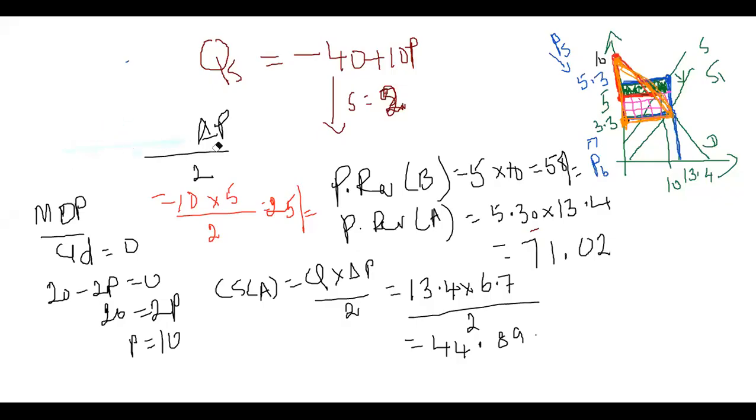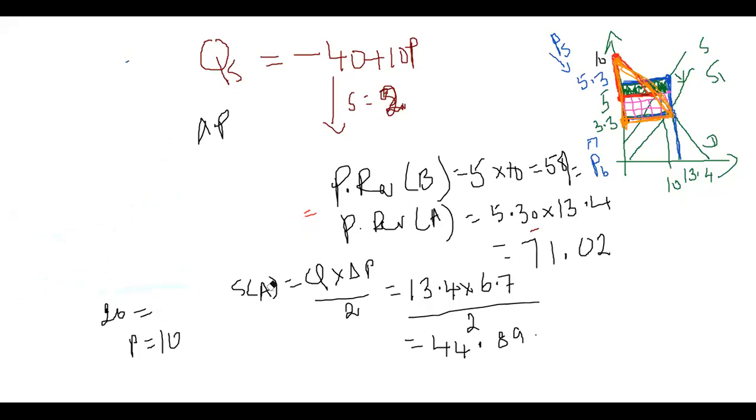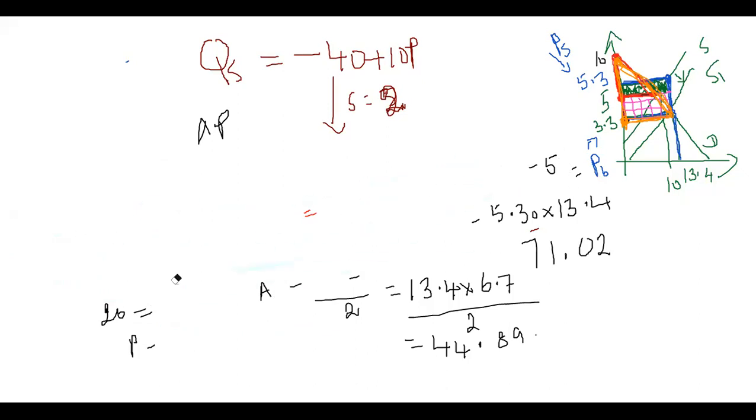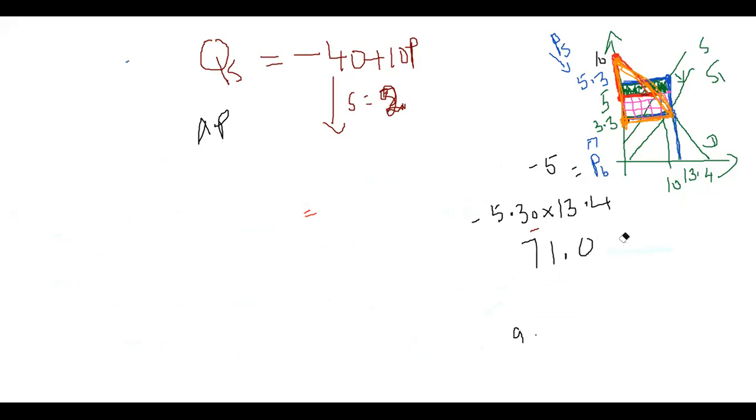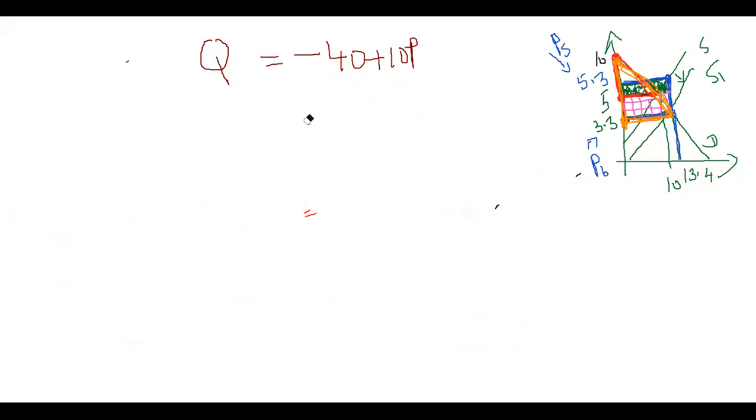So when you calculate the producer surplus change, this is the equation method. First of all, to calculate the producer surplus, you need the minimum supply price. Minimum supply price, as all of you know, is found when QS is equal to 0. So listen carefully.